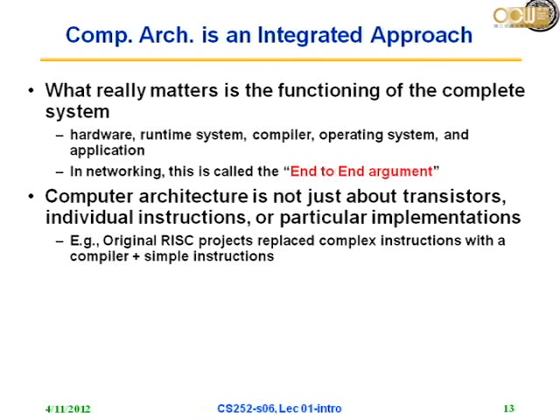Rendering, shading, for the graphics. All the related phases of operation. So hardware matters, runtime system matters, compiler matters, everything else matters. In networking, this is called the end-to-end argument. The last mile problem. Everything is important, especially when you reach the last mile.